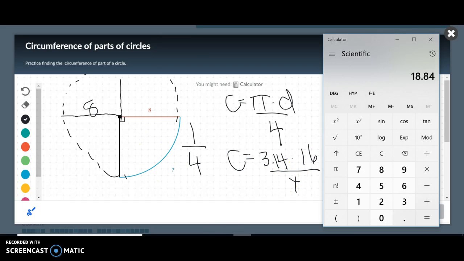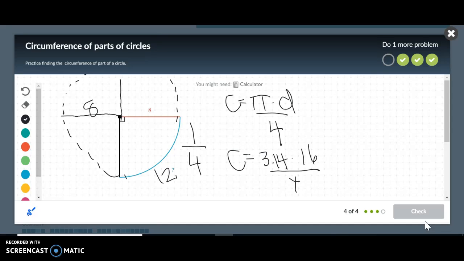So let's use that trusty rusty calculator, pull it on up. Let's do 3.14 multiplied times 16, which is my diameter, gives me this, and then I need to divide that by 4, because that's how we find 1/4, and it's 12.56.